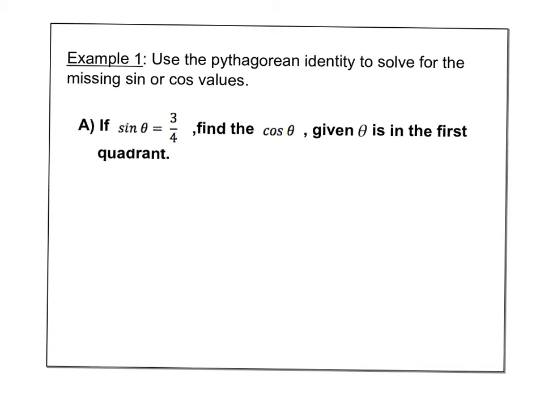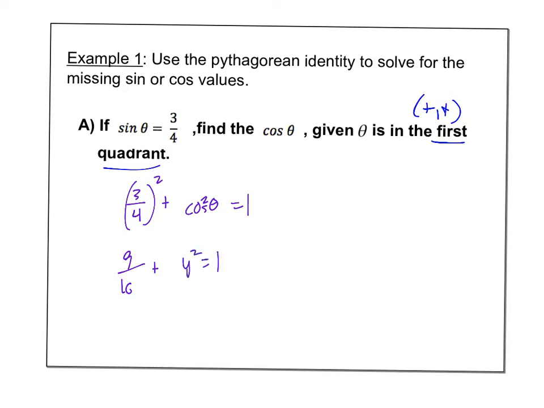Now we have that sine is 3/4, and we need to figure out the cosine given it's in the first quadrant. In the first quadrant, remember, everything is positive. So if I go sine squared plus cosine squared equals 1, that's going to be 9 over 16 plus y squared equals 1.